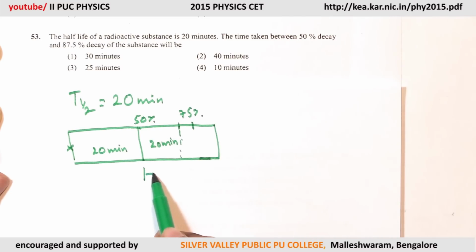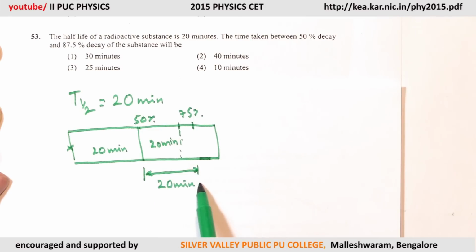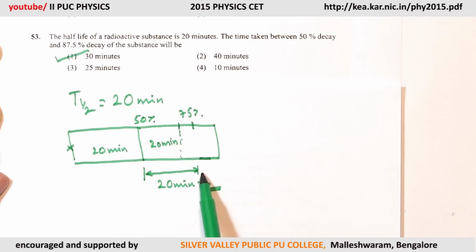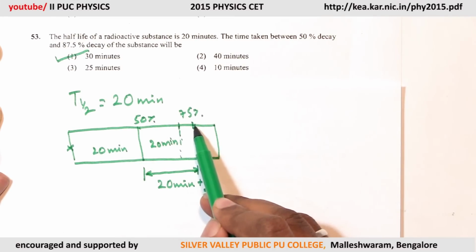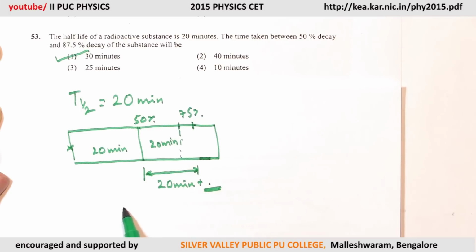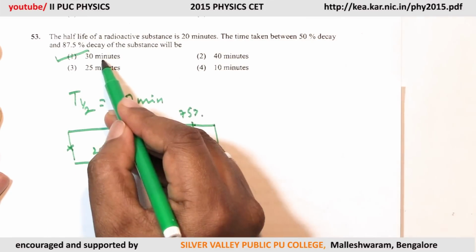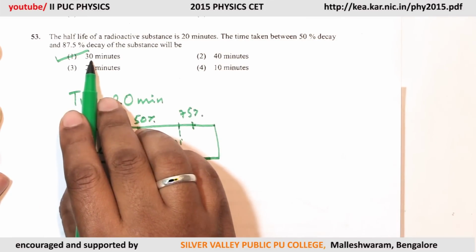So from 50 to 87.5 means it is 20 minutes plus some time, which is 30 minutes. And this is very close to another half life. Another half life means 2 times 20 minutes is equal to 40 minutes. Less than 40 but much greater than 20 is 30. Use the formula, simplify, then also it turns out to be 30 minutes.